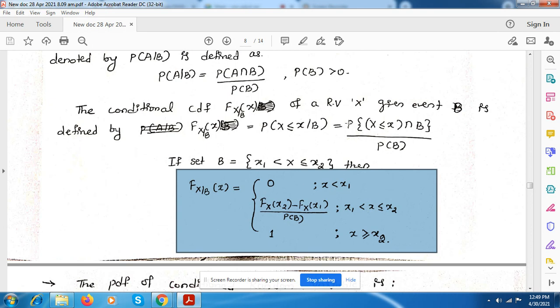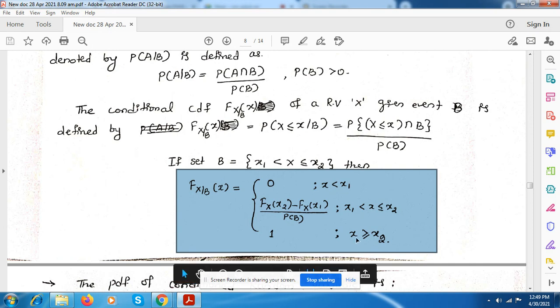So if we substitute that here, in the numerator we put Fx of x2 minus Fx of x1, and the denominator stays as it is, the probability of B. So this is the second equation we get when x lies between x1 and x2.